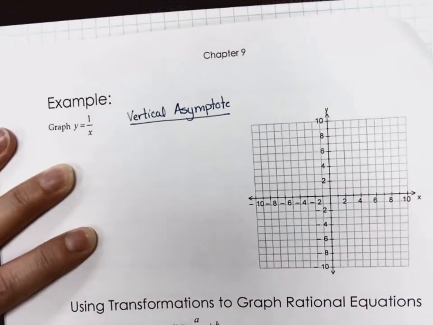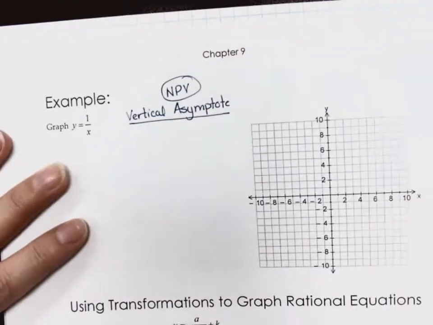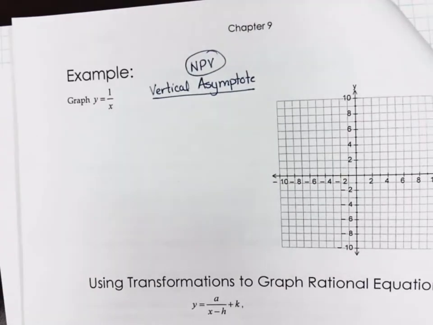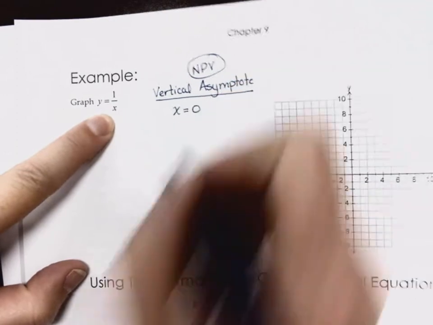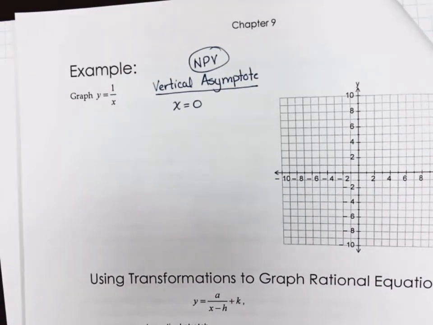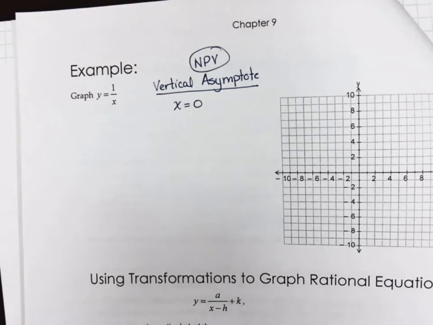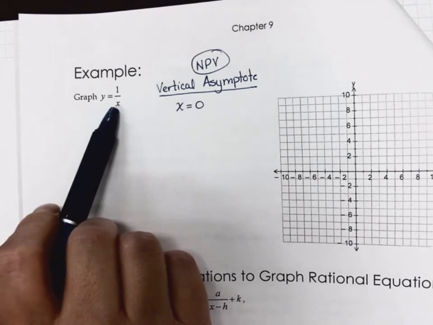So to find my vertical asymptote, really this is just your NPV. So what the denominator cannot be, 0. So we're going to set the denominator equal to 0. We did NPVs last year in grade 11 in chapter 6. Because if there is a 0 on the bottom, it becomes undefined at that point, right?